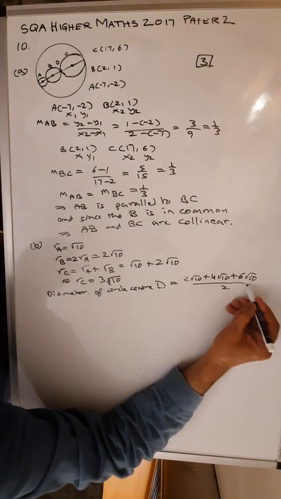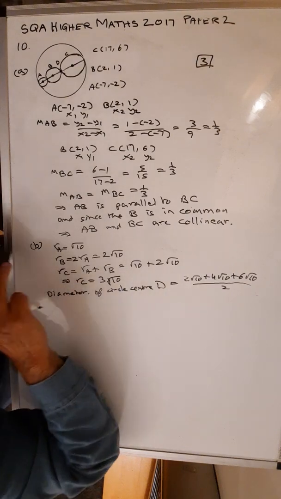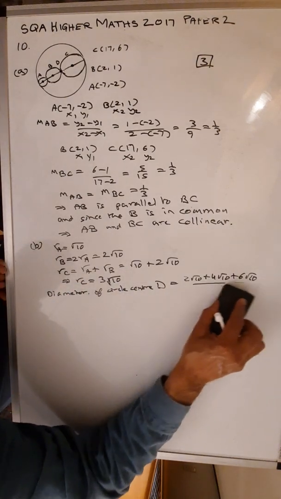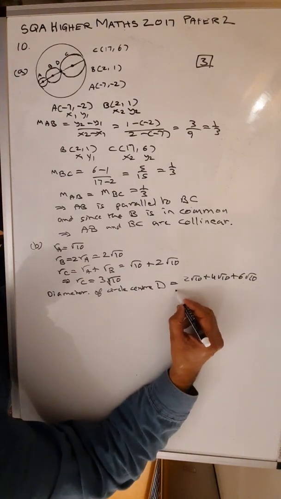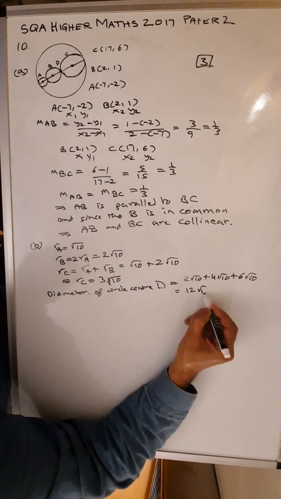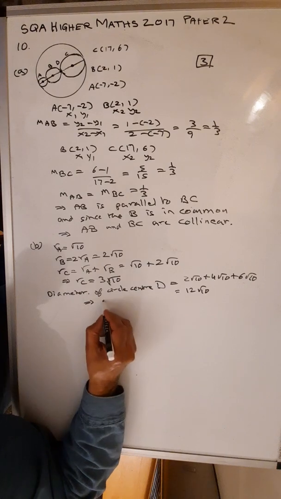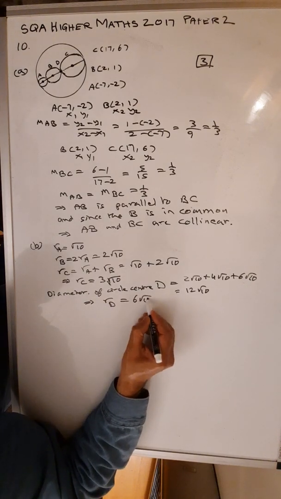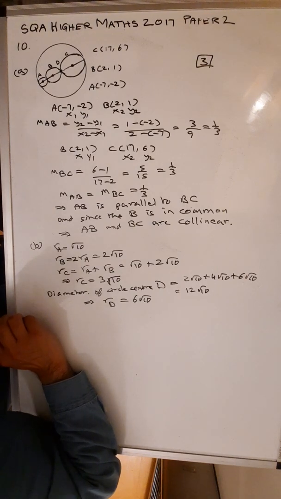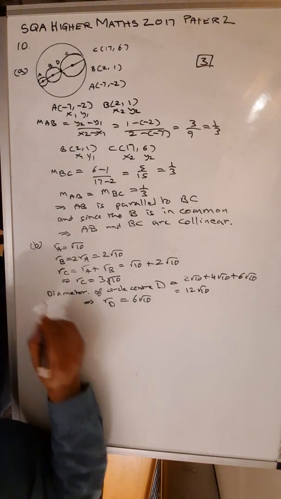Now that's the diameter. So this is going to give you 12 root 10, which implies that the radius of circle D is half of that, which is 6 root 10. So if you've got the radius, all you need is the center.